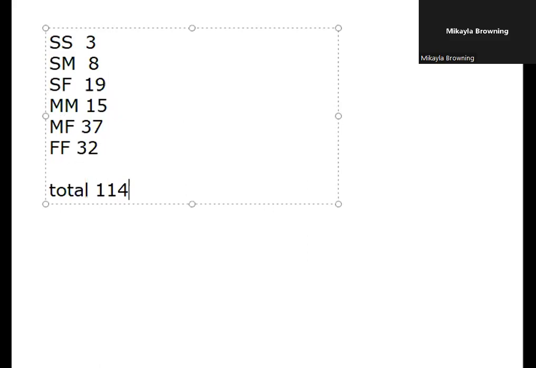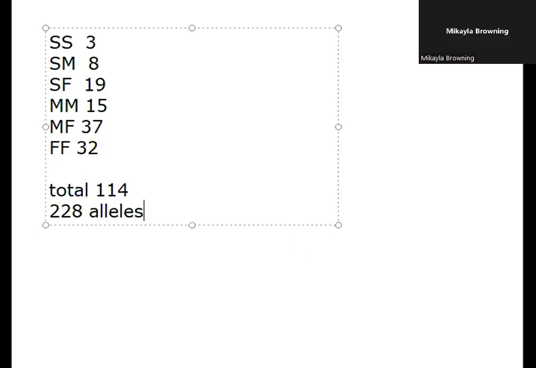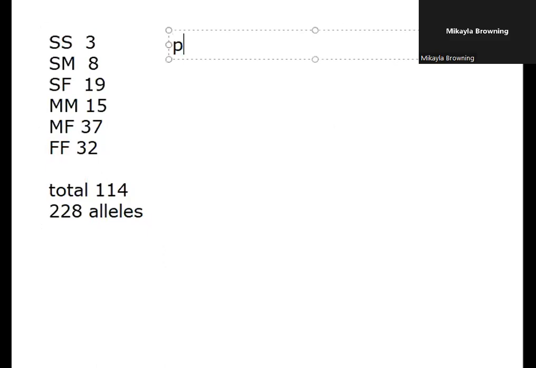Okay, first thing we've got to do is calculate the allele frequencies. This is pretty easy because if we have 114 individuals, we have 228 alleles, right? So let's let p be the frequency of the S allele.